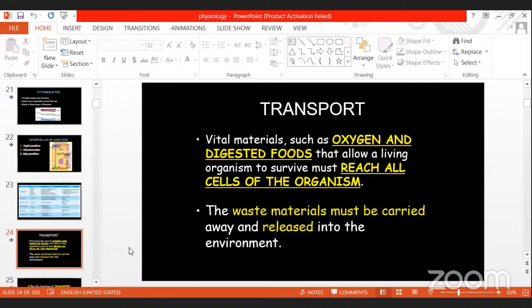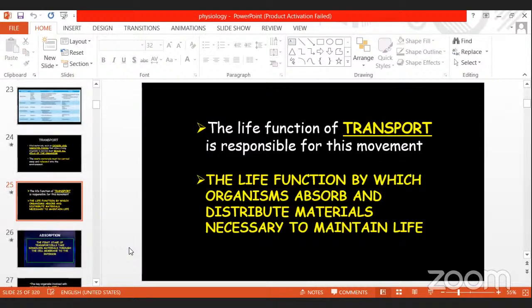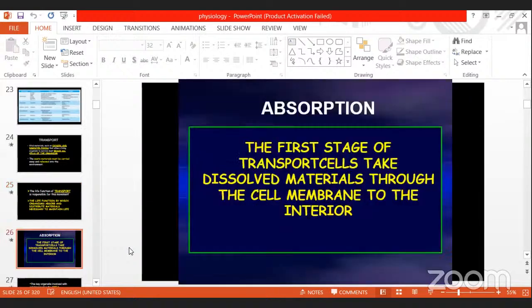So how is it happening? Transport is one of the major life processes in our body, because the nutrients have to be absorbed and redistributed all over our body, and the waste material should be excreted from our body. Without this process, nothing can happen in our body.